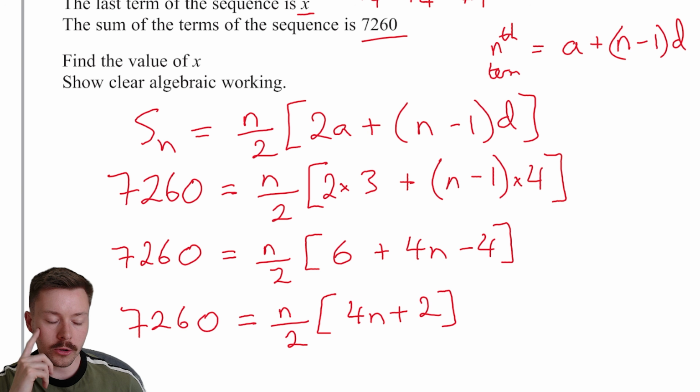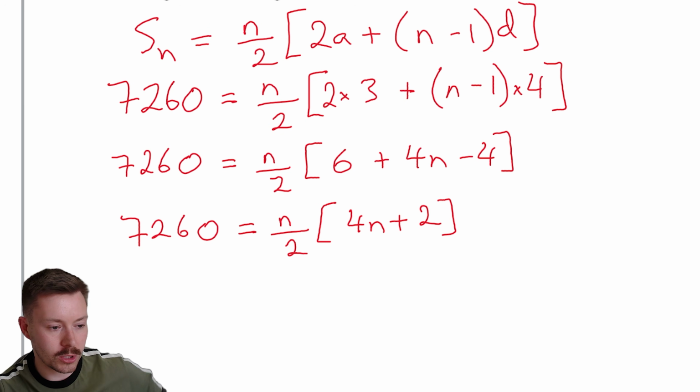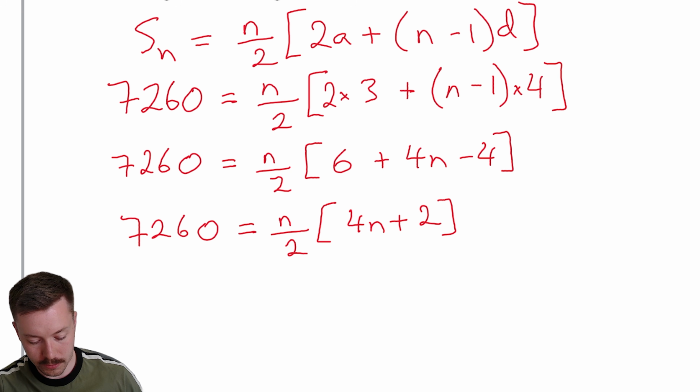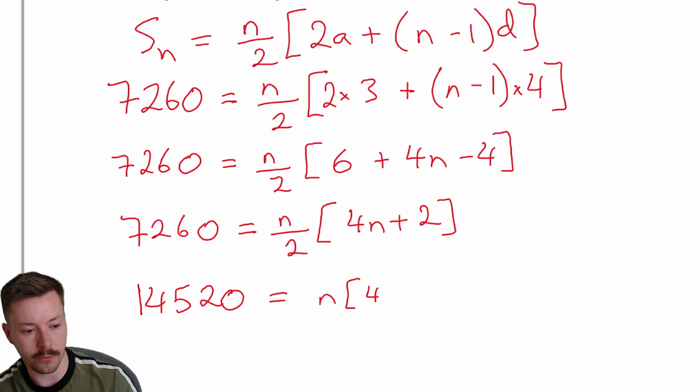The next line is times both sides of the equation by 2. So 7,260 times 2 is 14,520, and that is equal to n times 4n plus 2.